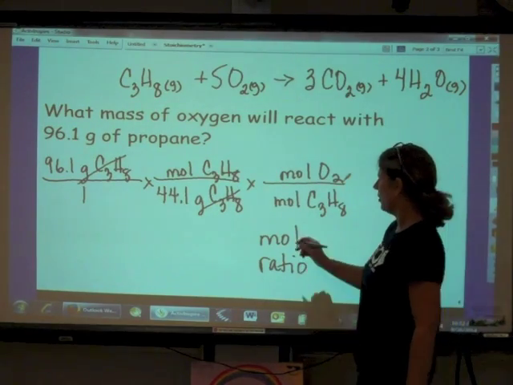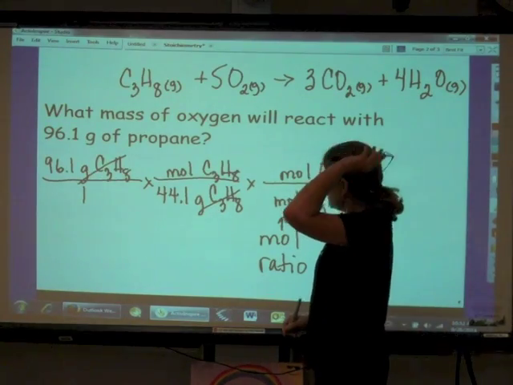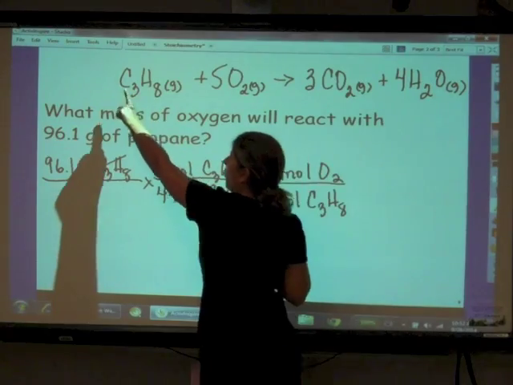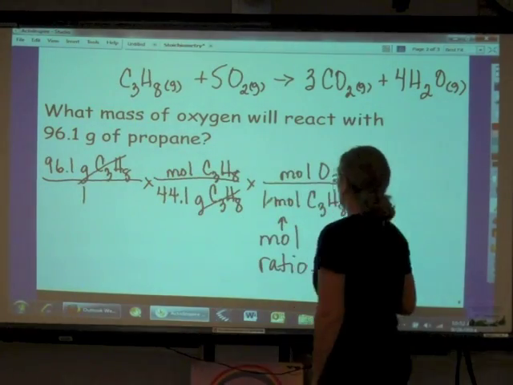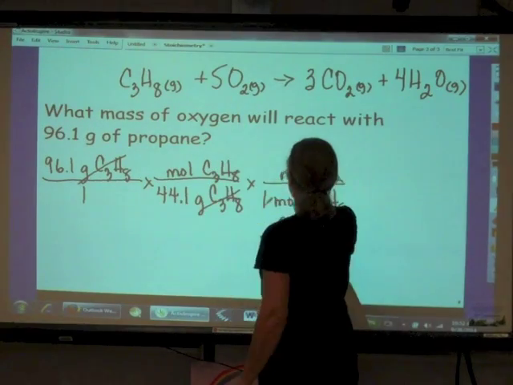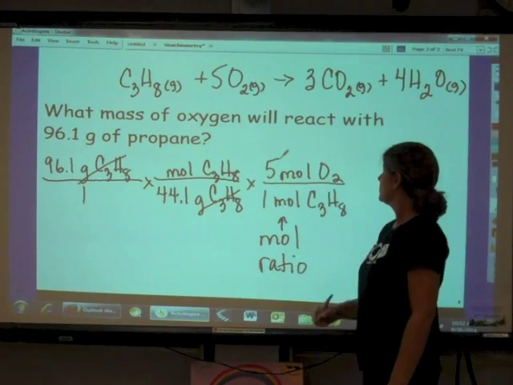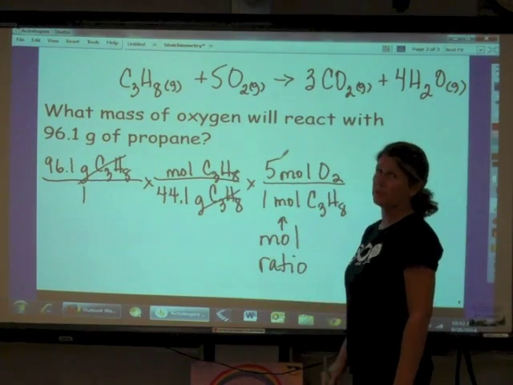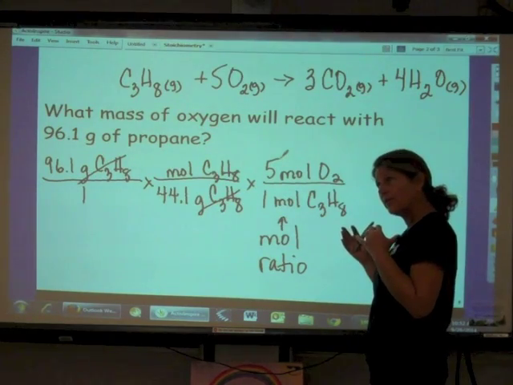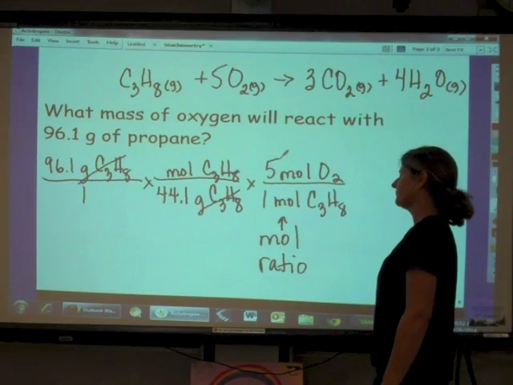So I'm going to go to my balanced equation, and it tells me that for every 1 mole of propane, I'm going to use 5 moles of oxygen. These are the coefficients from the balanced equation. They describe the relationship between the number of pieces that are reacting.